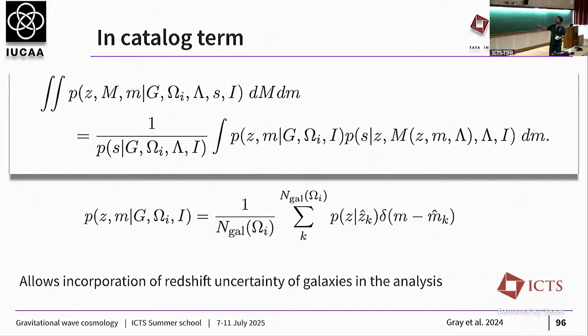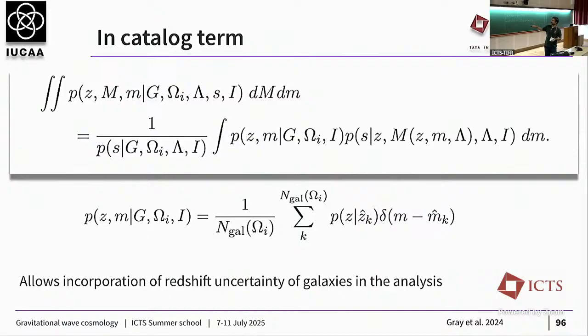Okay, so now that you have this, you can ask, what is the probability to get a redshift and an apparent magnitude in a certain direction? You have observed galaxies, and so you can do a discrete summation to figure out what this redshift is. This is basically writing down the probability to get a redshift and an apparent magnitude.